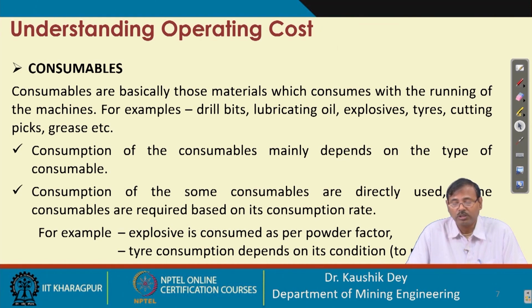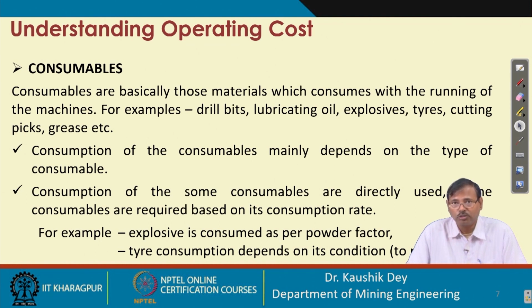That is because of the operation of the machine, but some are consumed at the source, like explosives and detonators. These are direct consumables which are consumed immediately, diminishing into energy that is utilized.